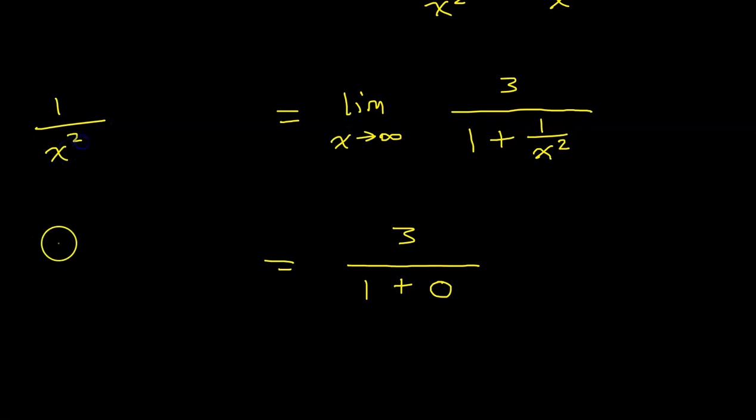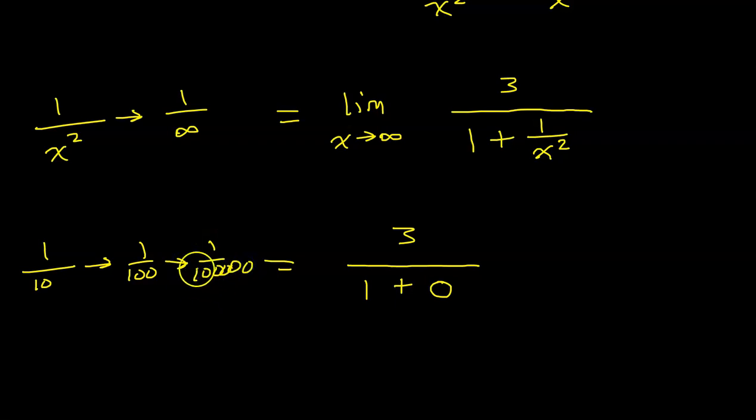So hopefully you can see that if I have 1 over x squared, as x squared approaches infinity, we're going to have 1 divided by a bigger and bigger and bigger number. So as you go from 1 divided by 10 to 1 divided by 100 to 1 divided by 100,000, this is getting smaller and smaller and smaller.